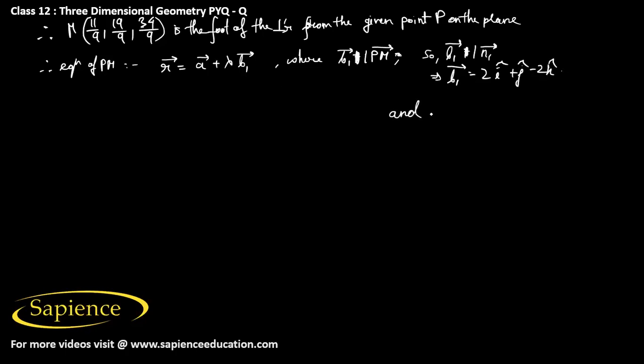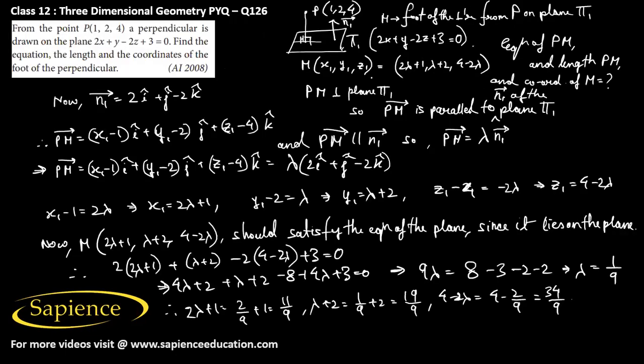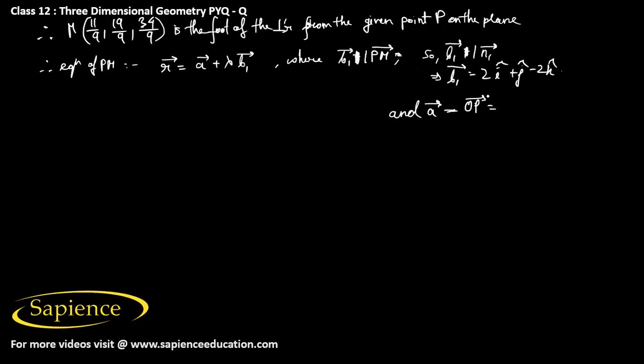And a vector is the position vector of the point P, which is lying on this straight line which joins PM. So it will be i cap plus 2j cap plus 4k cap.